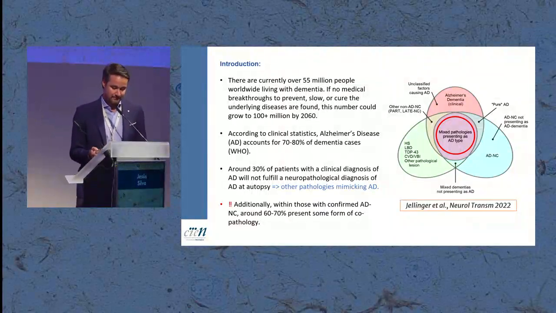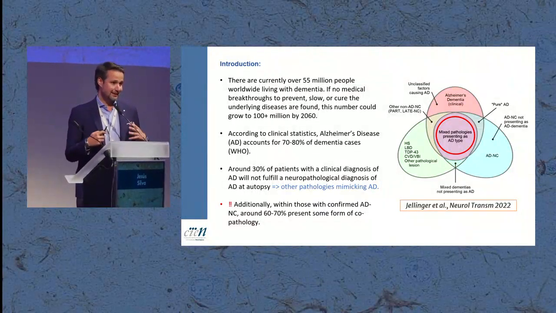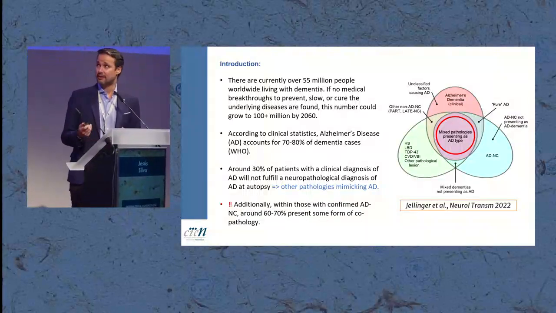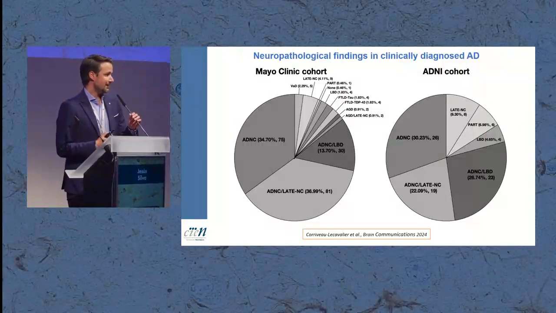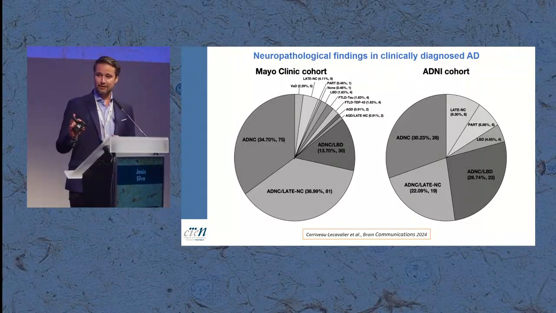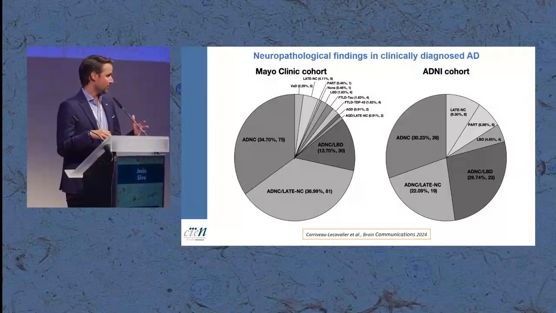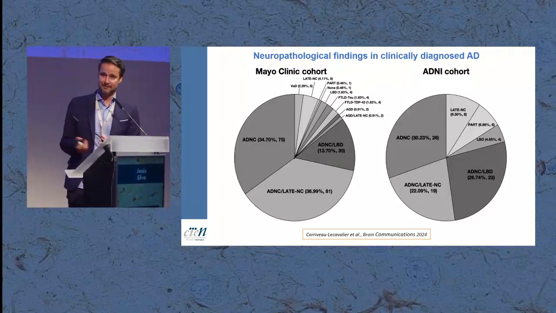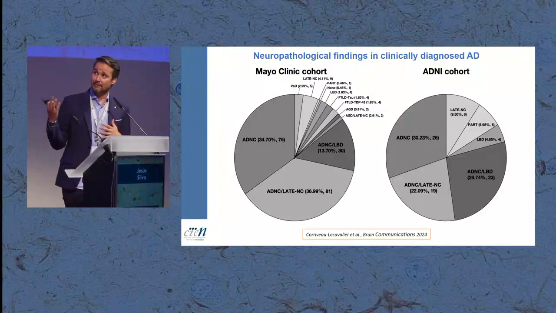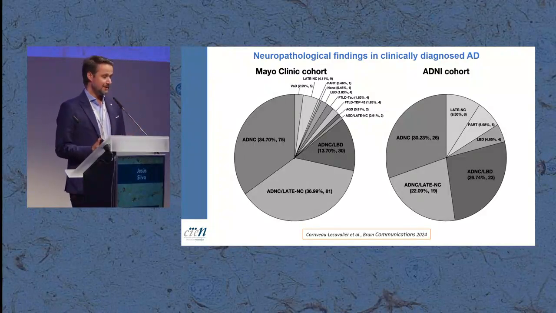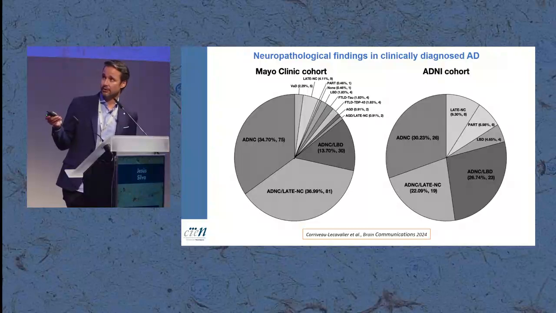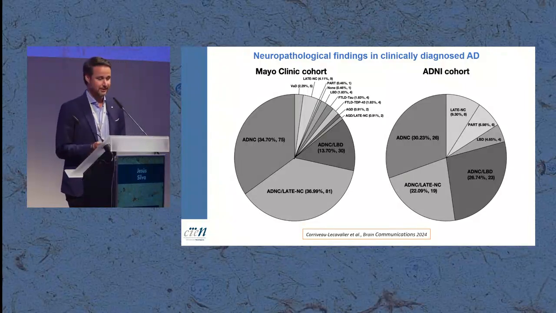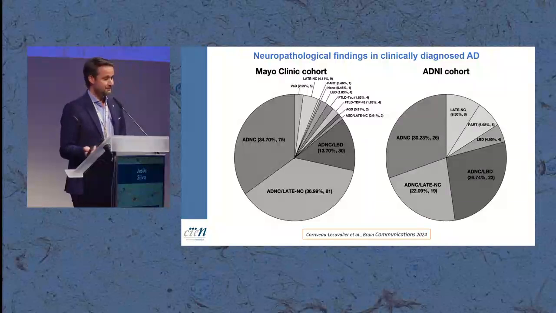And to see what a cohort of clinically diagnosed patients actually looks like, I brought two examples for you. This is slightly different to what we saw during the morning, which were more diverse cohorts. All of these patients have the same diagnosis. They are amnestic MCI or clinical AD patients, and it's more similar to what we already saw in David's presentation. And we can see here that only around 30 to 35% of them actually have pure AD.